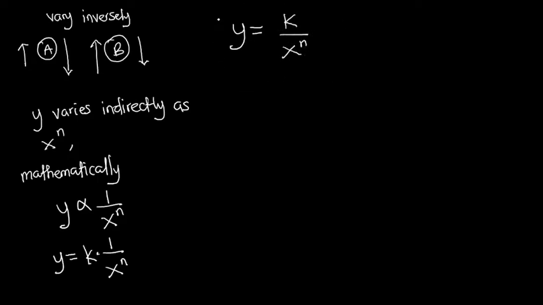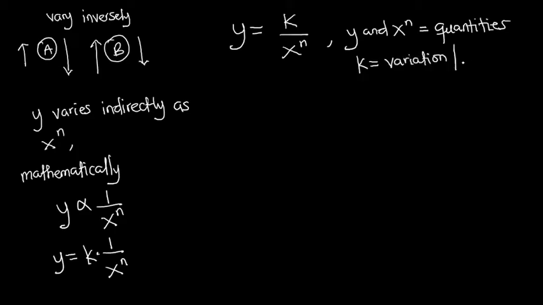And this now becomes the expression to show that y varies indirectly as x raised to the power n, where y and x raised to the power n are our quantities, and k is our variation or proportionality constant.